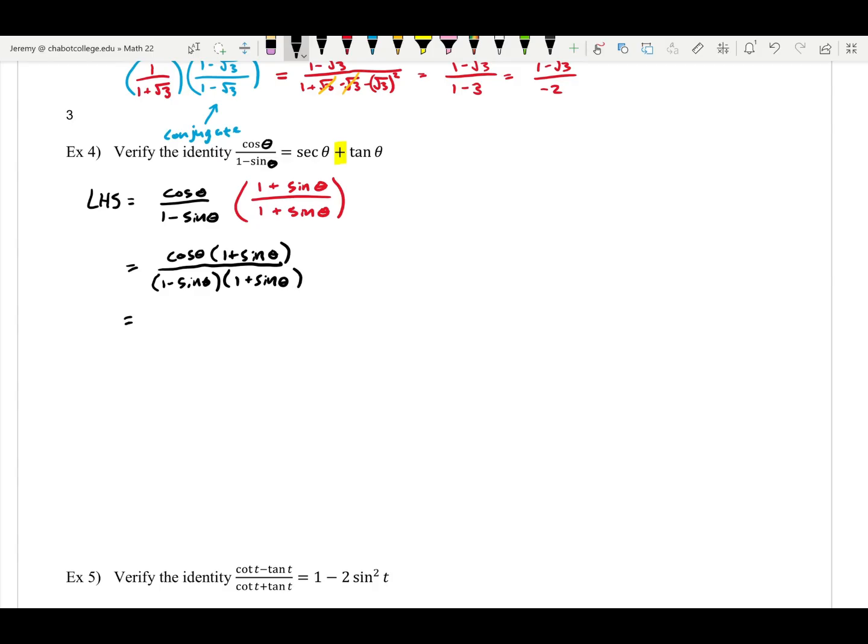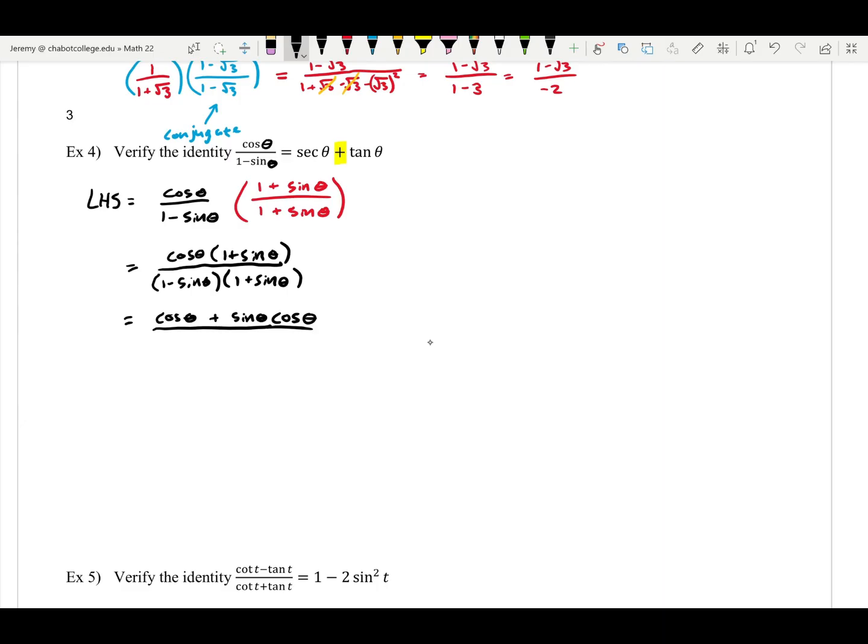And if I multiply out the denominators, and also I could do the numerator as well. So in the numerator, I'll just distribute the cosine. I'll get cosine theta plus sine theta times cosine theta. I could just leave it as a product like that.